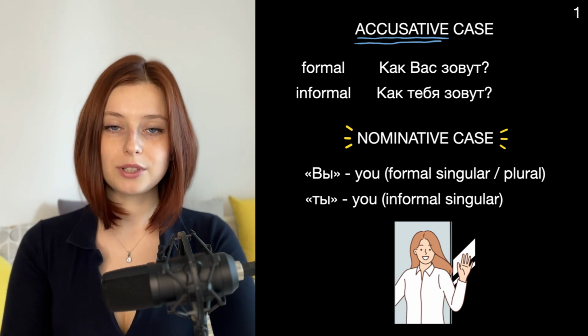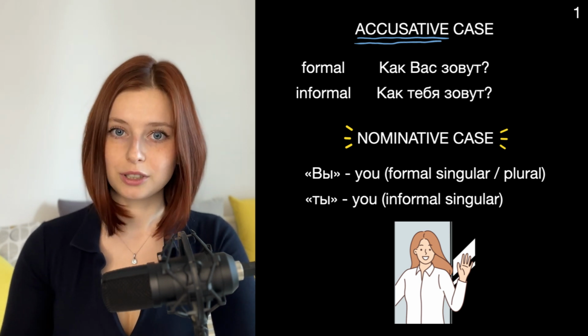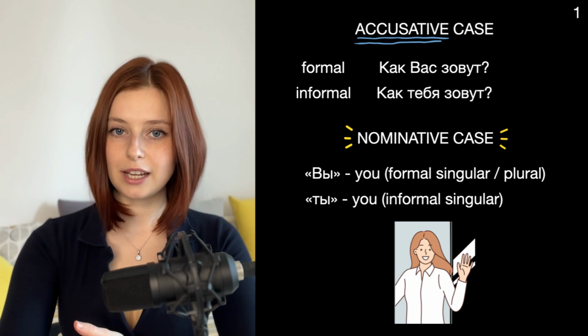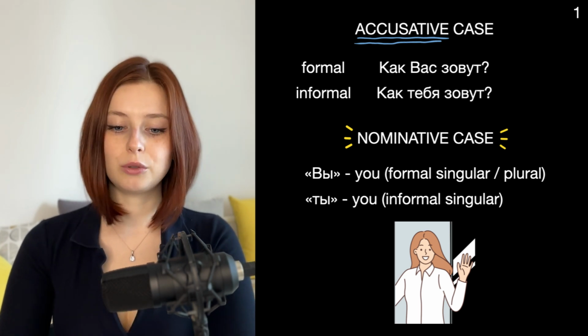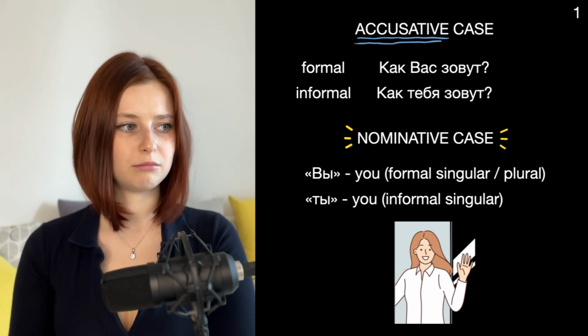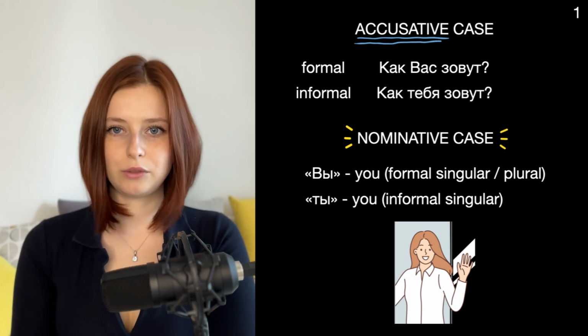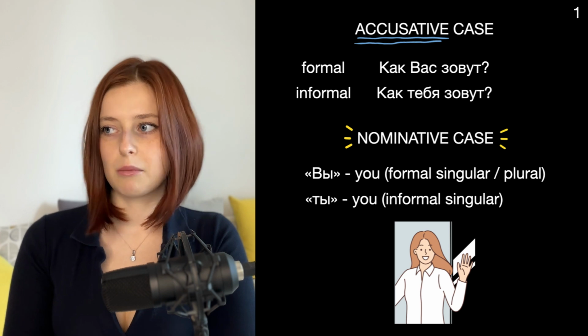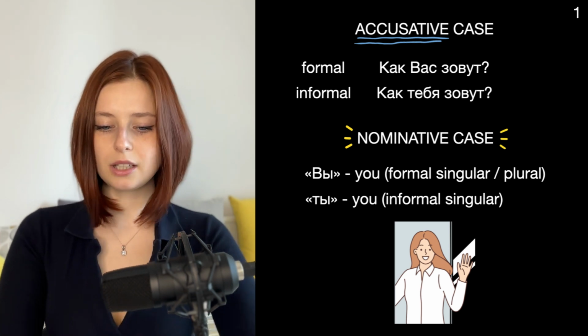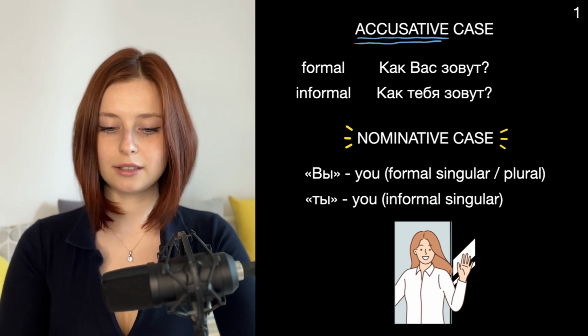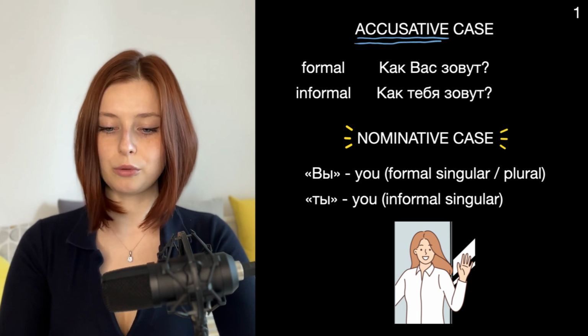If you were to say «Как тебя зовут?», you are saying it informally. What's your name? «Как вас зовут?» is what you say to somebody that you don't know, that you met for the first time, in a formal situation. So we have two ways. This one is formal, just so you know.